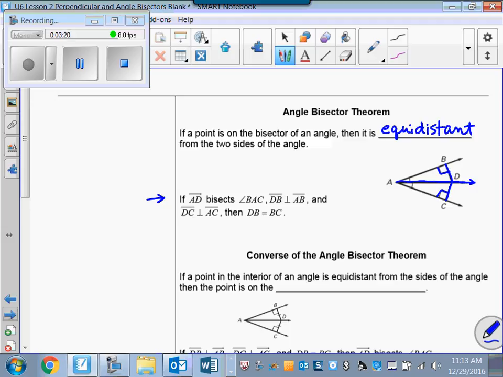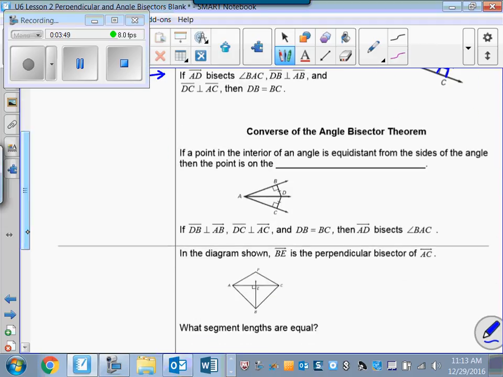We know that BD is the same length as DC because D is on the angle bisector and DB is perpendicular to AB and DC is perpendicular to AC. So for us to know that BD and DC are congruent or have the same measure, we've got to know that they're perpendicular to those two sides of that angle.